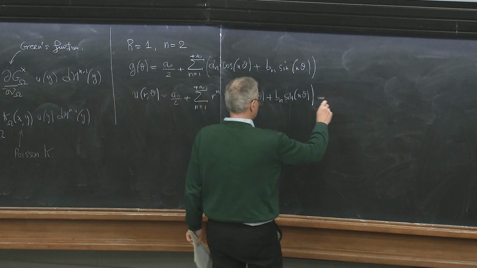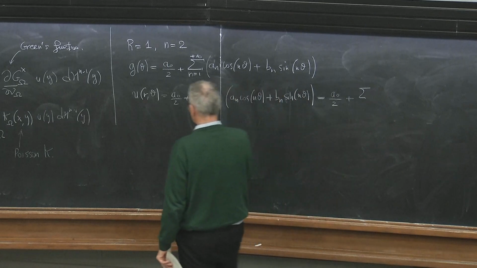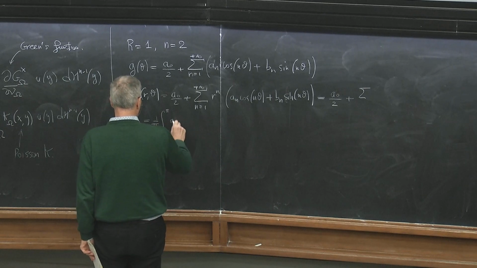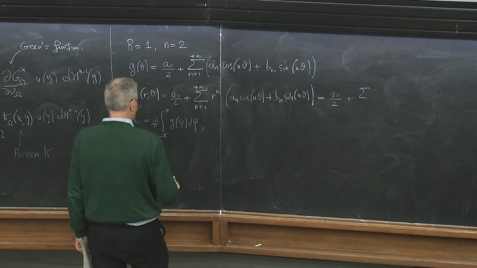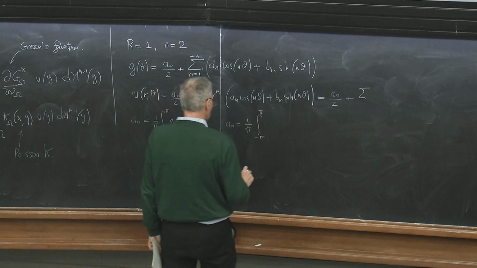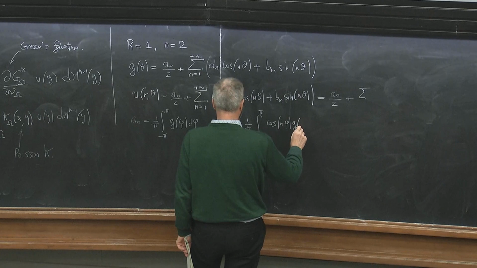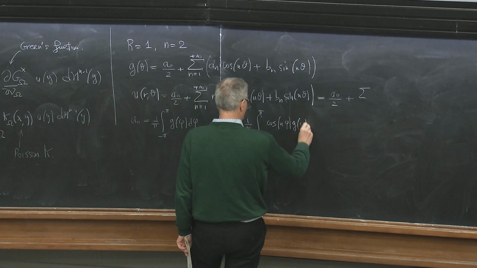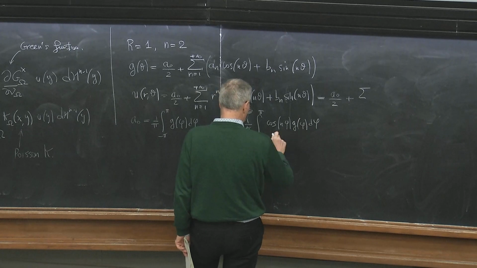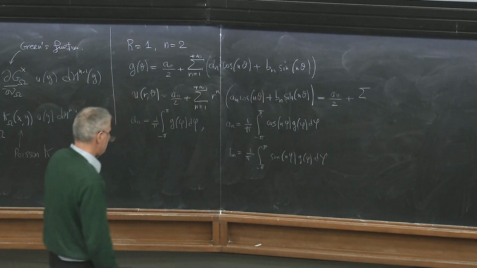So this is what? a0 over 2. Then the coefficients were 1 over pi integral from minus pi to pi of g, a_n was 1 over pi integral of g times cos n, b_n was 1 over pi integral of g times sin n.